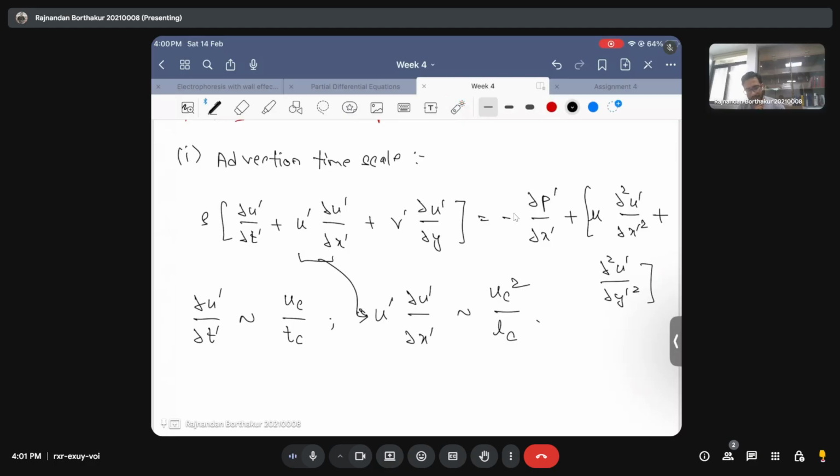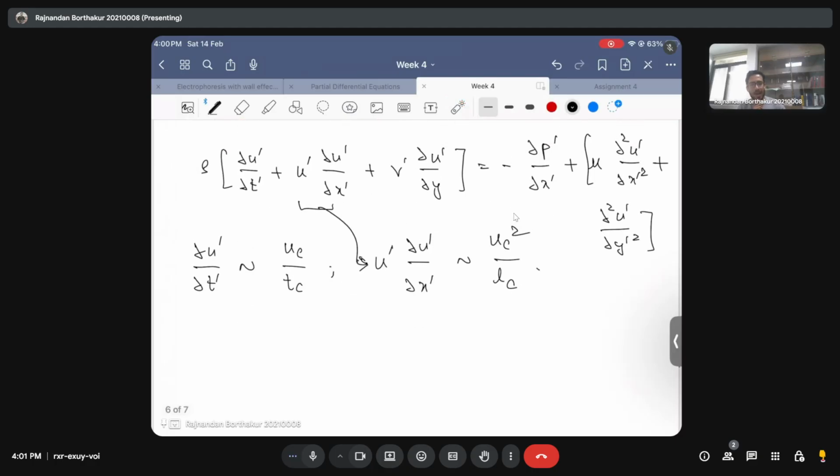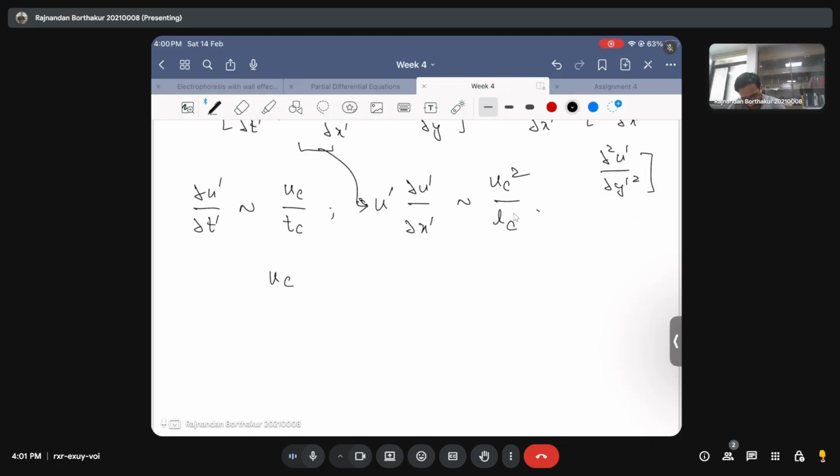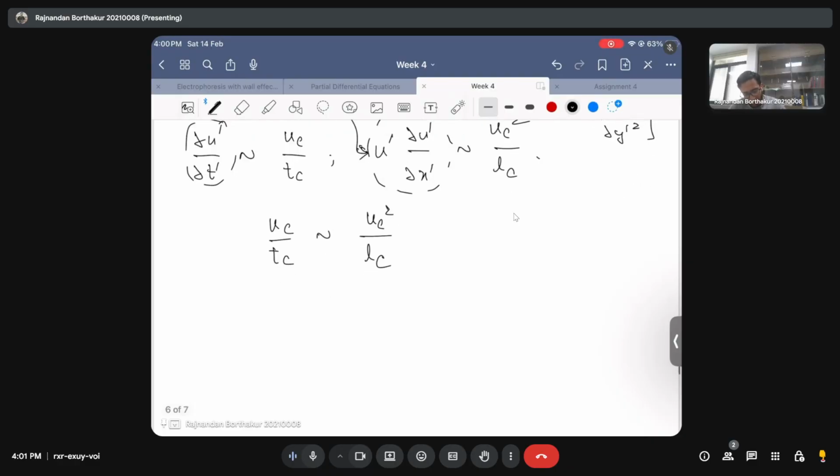And then if I tell you that I have an advection time scale for the problem, then this Uc by tc, which is the order of magnitude of this term, is precisely going to be the order of magnitude of this term, u prime del u prime by del x prime, which is going to be Uc squared by Lc. Okay. And then you can calculate this tc here, and you can see that your tc is just going to be Lc by Uc.